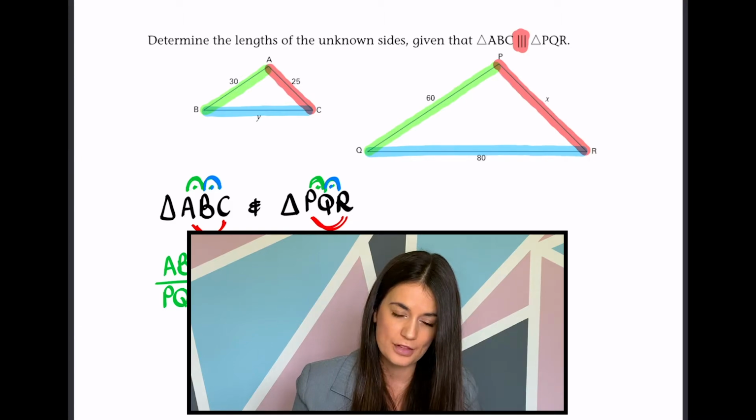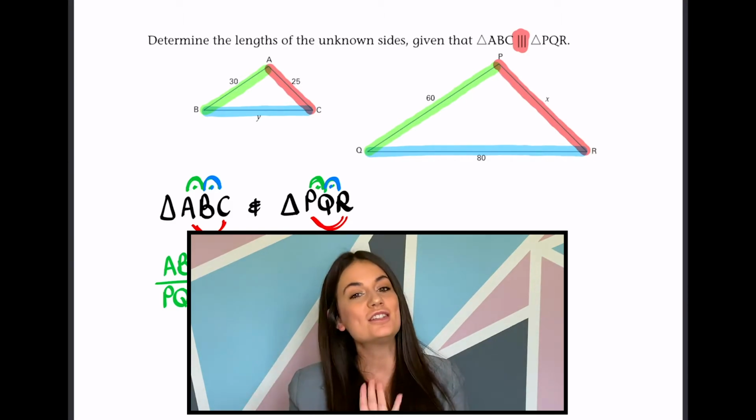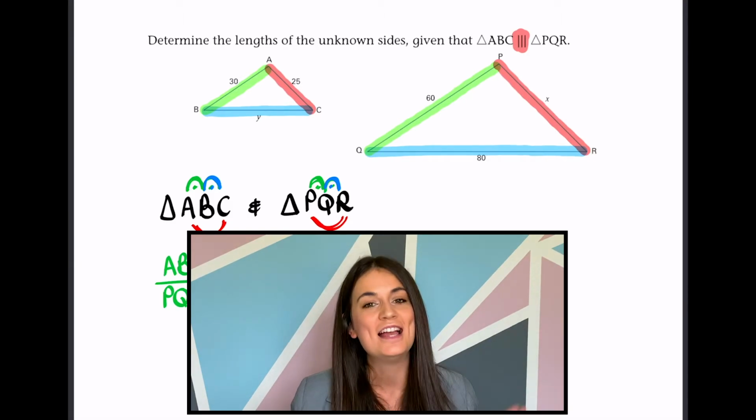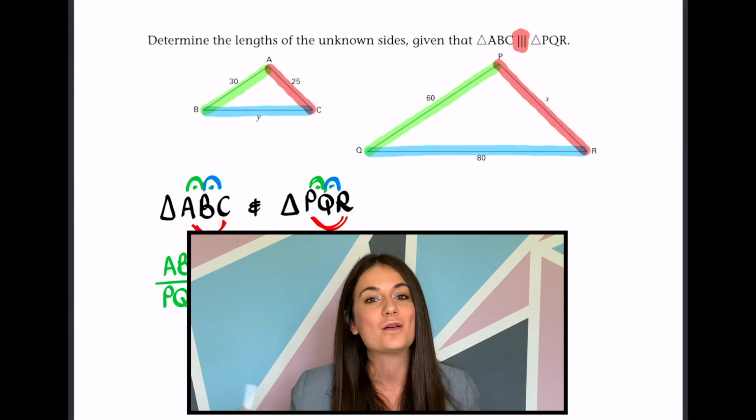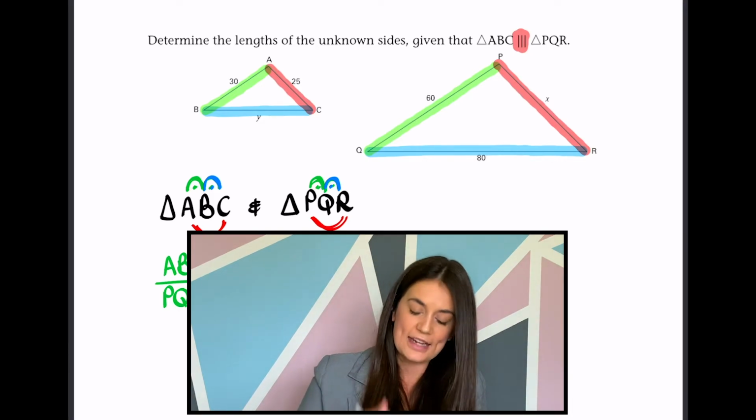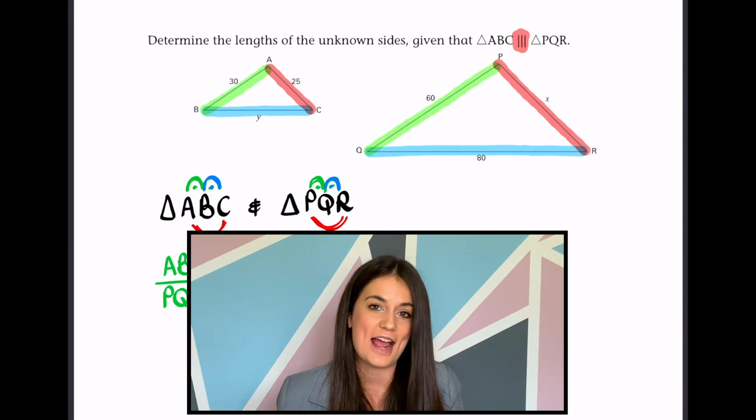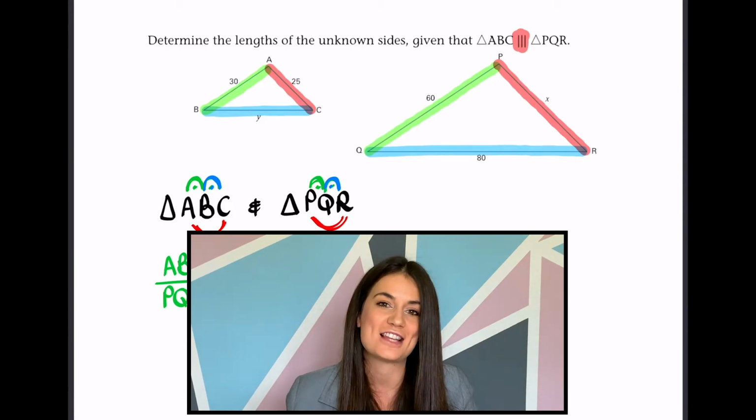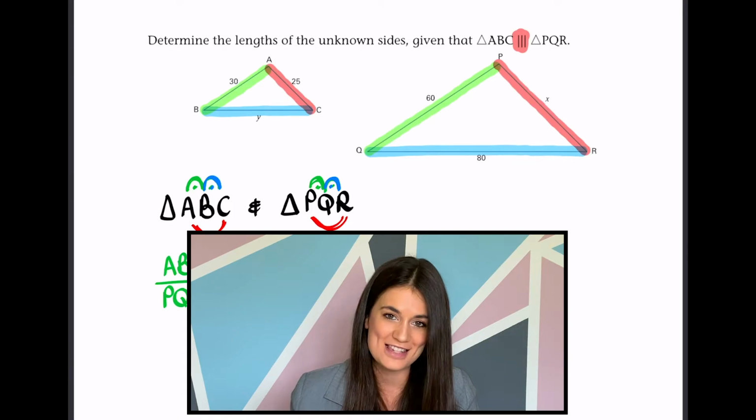Because these two triangles are similar, the sides are in proportion, which is why I can equate the sides the way that I am, because the ratio between the sides will be constant, or the same.